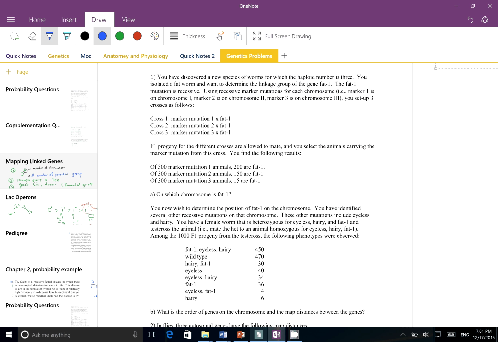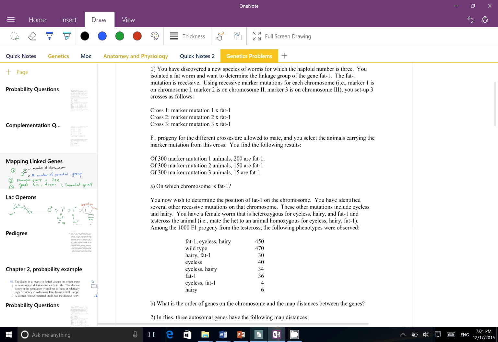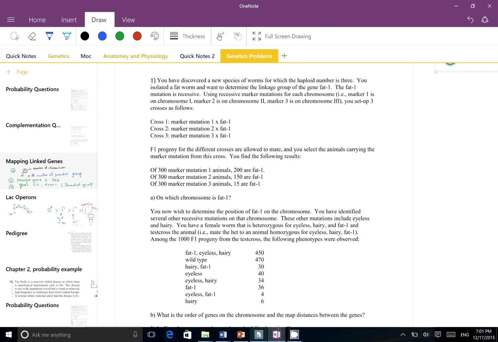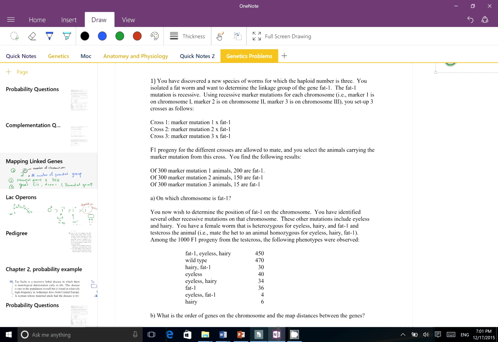Here they say you discover a new species of worms. What they're telling you is this new species of worm has 3 chromosomes inside the cell, and you're trying to figure out whether it's chromosome 1, 2, or 3 that has the fat gene mutation in it.